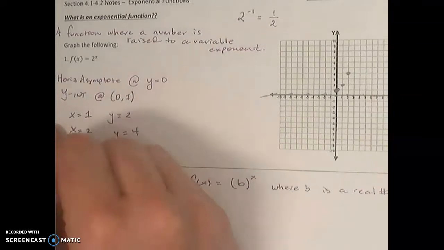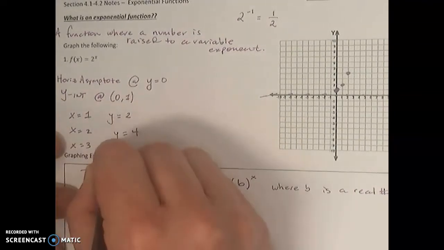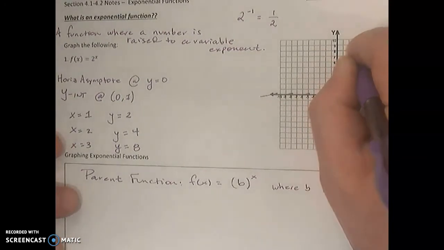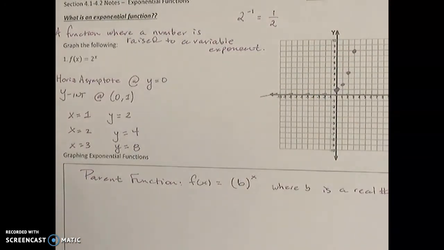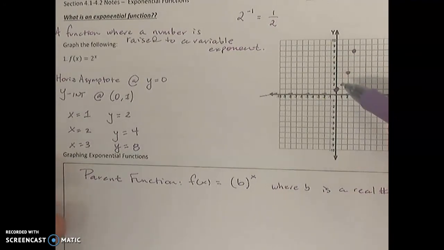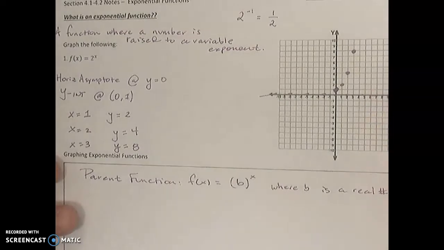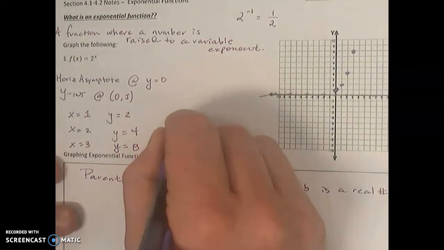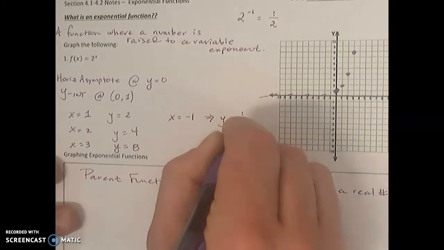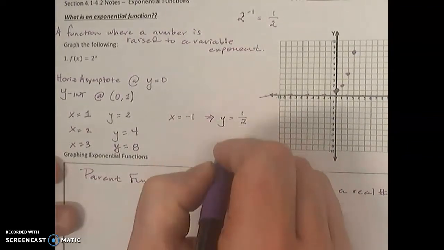If we really wanted to get crazy, we could plug in x equals 3, we'd get y equals 8, and as you can see here, this graph will be growing exponentially. It's not linear. Okay? From one x to the next x, it's growing at a changing rate. It's growing exponentially. Okay? We could also plug in x equals negative 1, and for that we get a y of 1/2. Remember, 2 to the negative first power is 1/2.